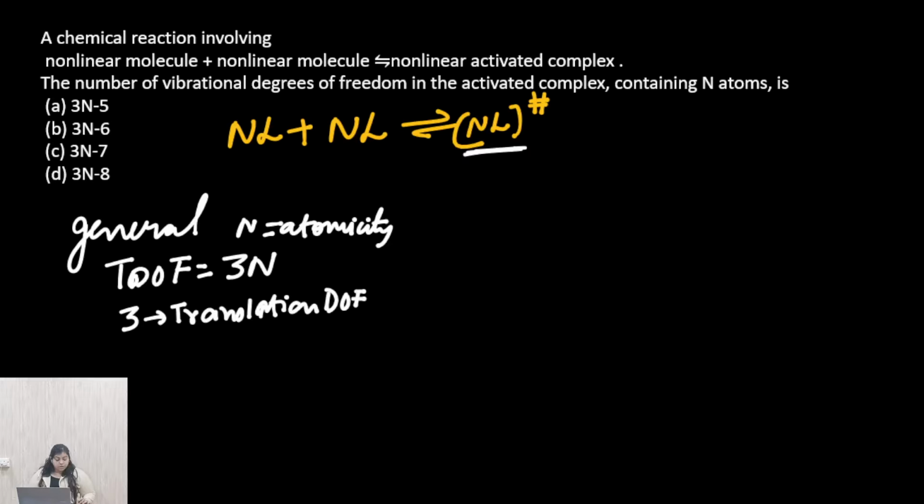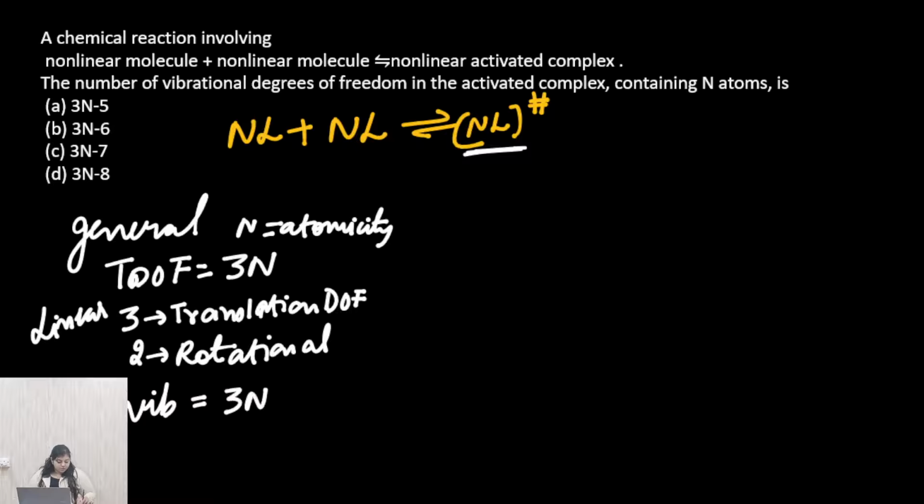Now, based upon whether the molecule is linear or not, if it is linear, then we have 2 rotational degrees of freedom. So for the linear molecule, the vibrational degrees of freedom become 3n minus 5.